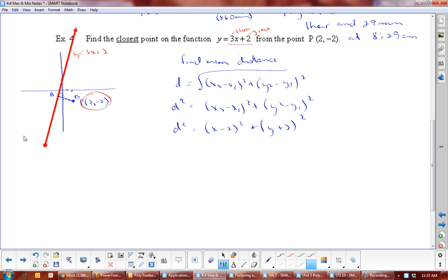And that's why this one is just another unique kind of problem, but we actually know this point right here is x comma y, right? But what is y? It's 3x plus 2. So this is actually x comma 3x plus 2. And do you see how now I automatically got rid of a variable?